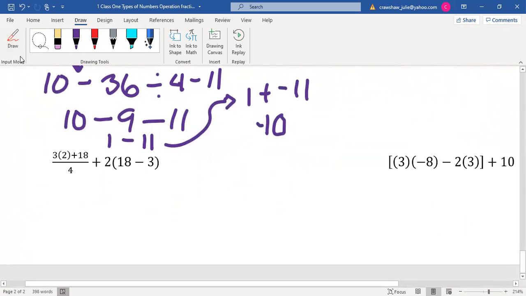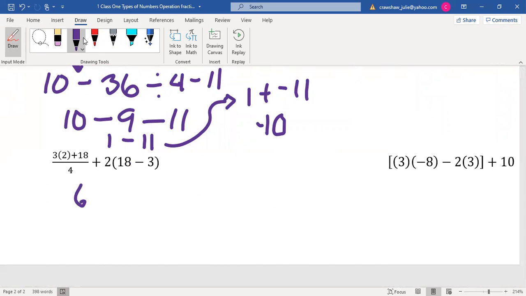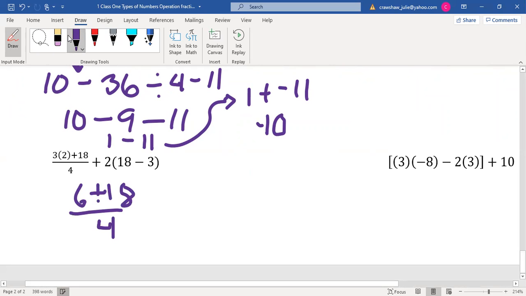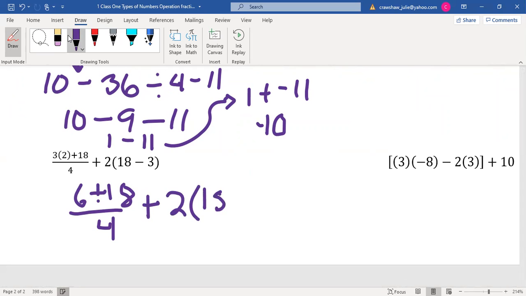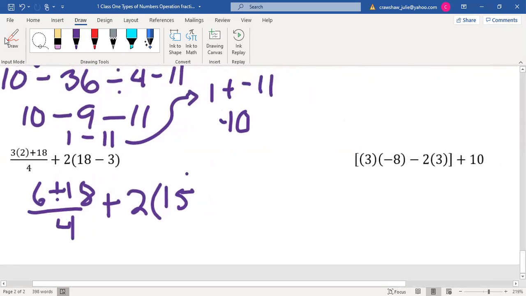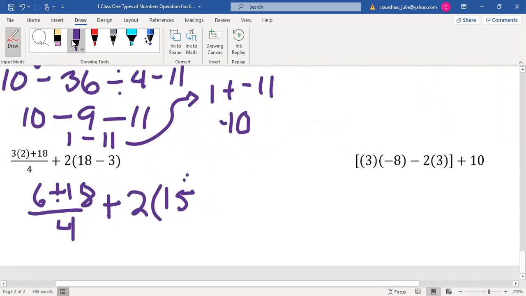My last two, I'm going to utilize the order of operations. I'm going to do everything in my numerator. 3 times 2 is 6, plus 18, all over 4. And then I'm going to do everything inside the parentheses. 18 minus 3 is going to be 15. And I'm still working on my rational expression here. 6 plus 18, that's going to give me 24.